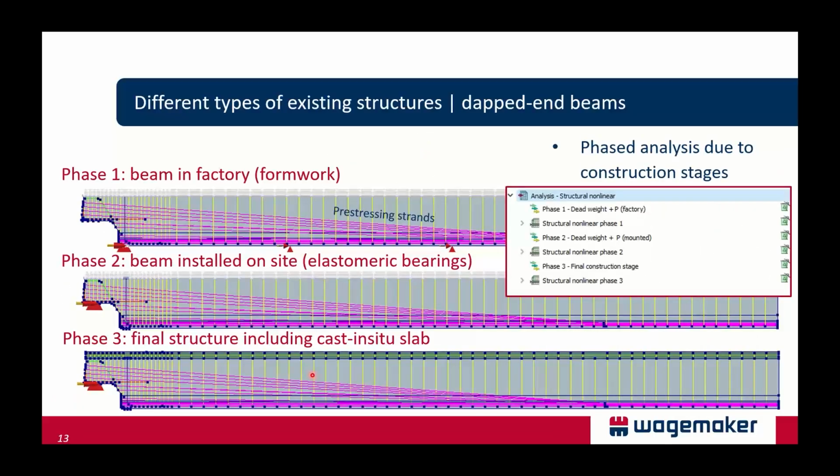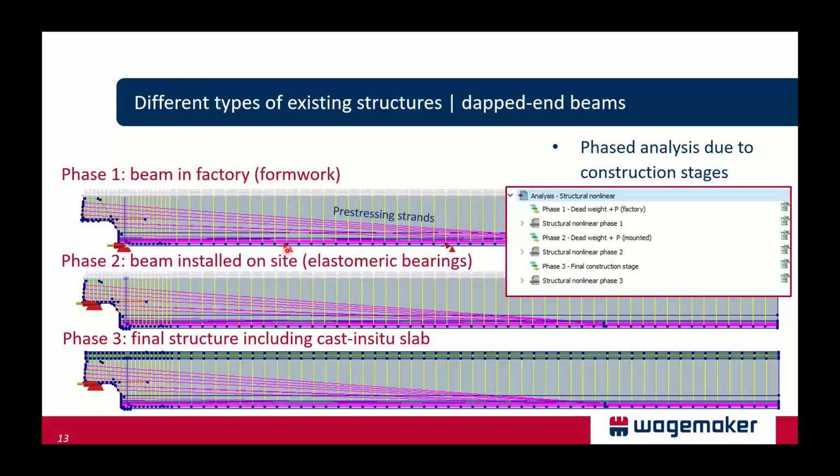Due to the building sequence, we used a structural nonlinear phased analysis to take into consideration the building sequence as set. So in the first phase, we load the model by its dead weight and the pre-stressing of the strands. And in this phase, the beam is continuously supported to simulate the influence of formwork.